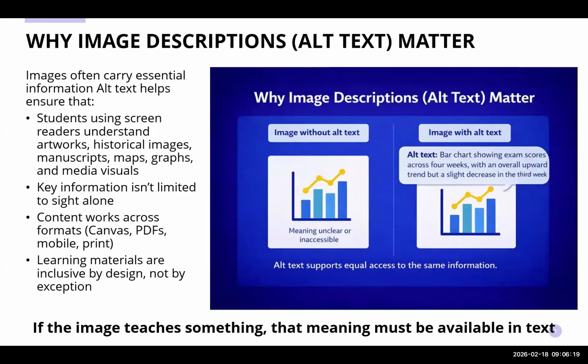Let us pause for a moment and really talk about why this matters so much. Think about how often we rely on visuals in everyday life. For example, if someone shares a flyer for an event and all the details are inside the image, with no description at all.